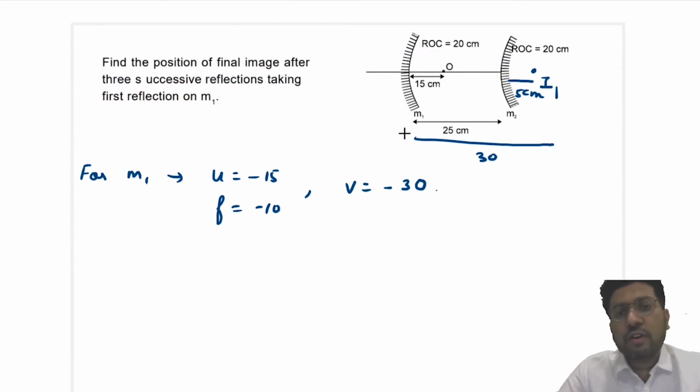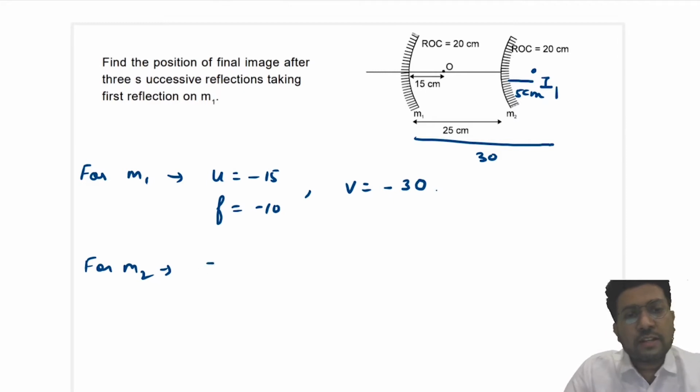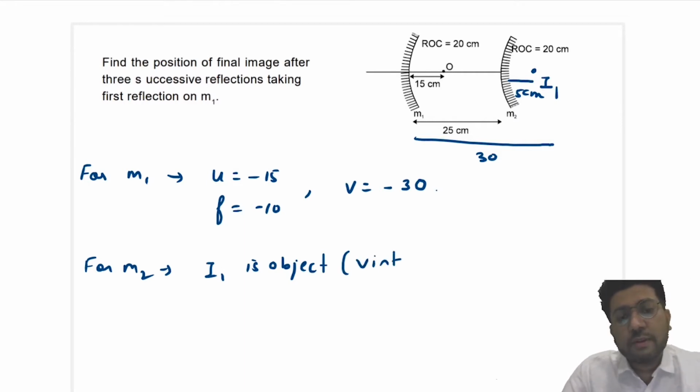So for the convex mirror M2, I1 is the object, and it is actually a virtual object. Why? Because it is behind M2. Light is incident on this side and the object is behind. So you will say I1 is a virtual object for M2.